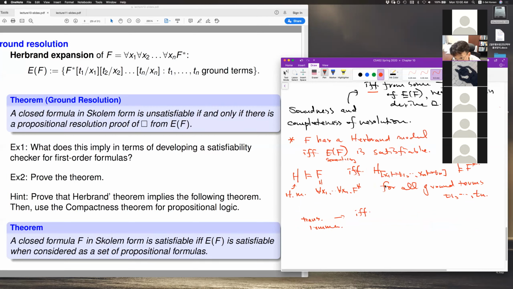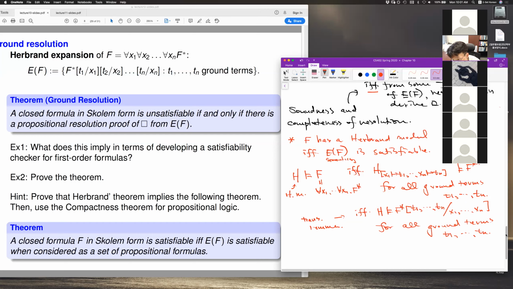Because of the translation lemma, this says the same thing as the substituted form of F star, where I use this notation, although in the slides we use a different notation, but I hope you understand what I'm talking about: X1 is replaced by T1, X2 by T2, and so on, for all ground terms T1 up to Tn.